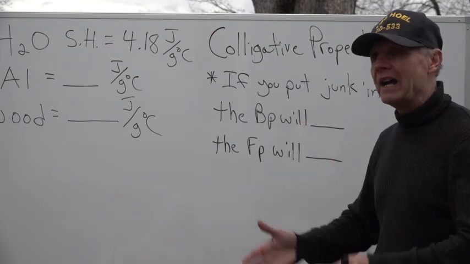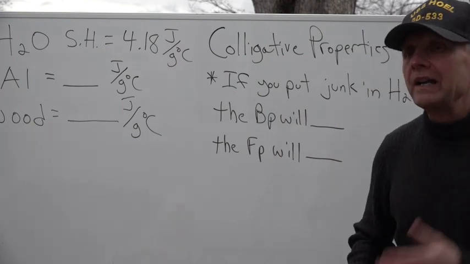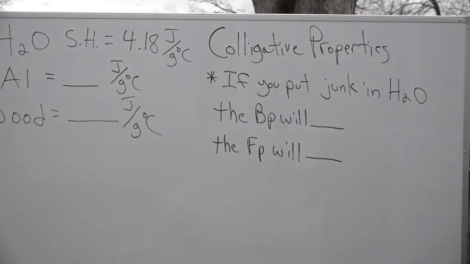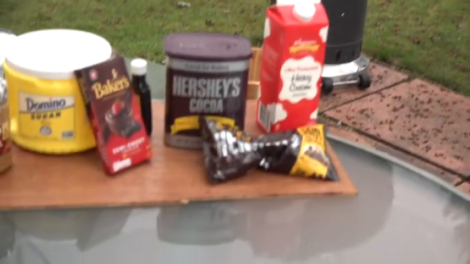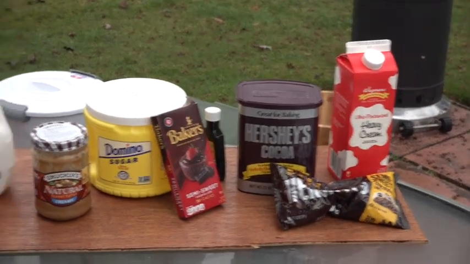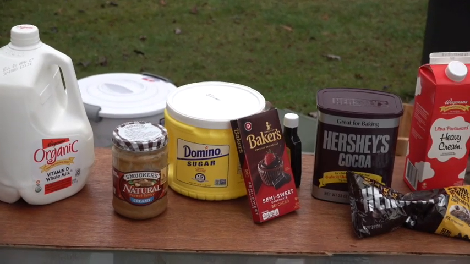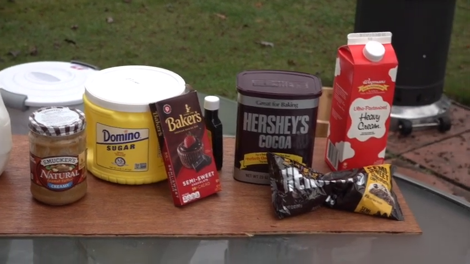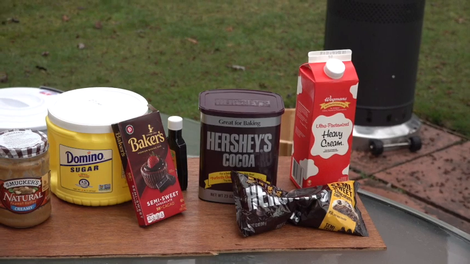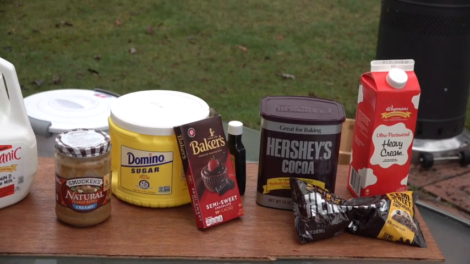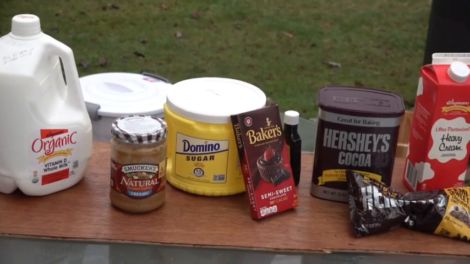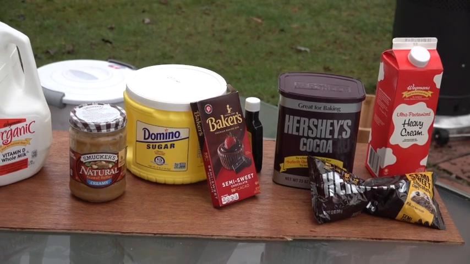Well, ice cream has a lot of stuff in it, and here's the stuff that I used. We have heavy cream, regular milk, peanut butter, sugar, Hershey's cocoa, vanilla extract, all sorts of stuff, baking chocolate too.